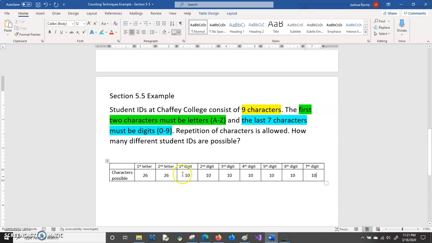And like the last one, to figure out how many different possible IDs there are, you would multiply the numbers for each of those decisions. So multiply all of those, 26 times 26 times 10 times 10 and so on.